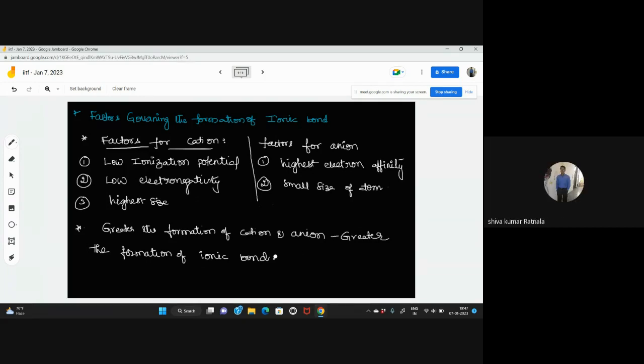Sir, what about ionization potential for anion? IP value should be maximum? If an anion has the highest ionization potential, then it will not lose electrons easily. IP is the value for removal of electrons, right?